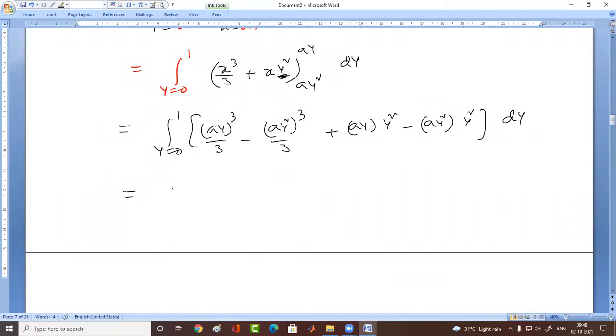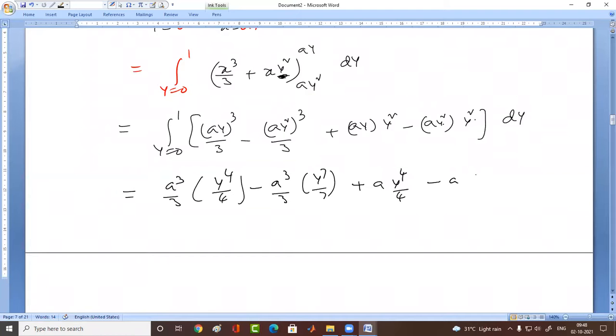Here a cube by 3 is the common term. Y cube integration is y power 4 by 4. Y power 6 integration is y power 7 by 7. Here a y into y square is y cube, integration is y power 4 by 4. Here y square into y square is y power 4, integration is y power 5 by 5.